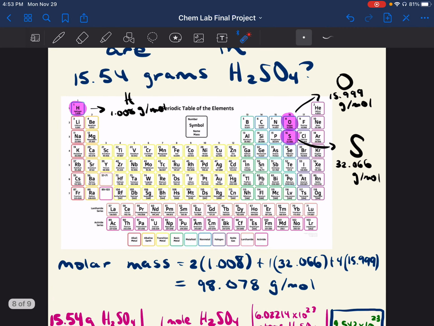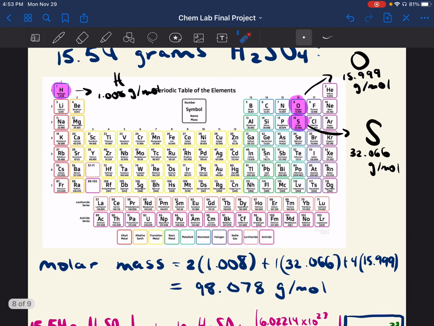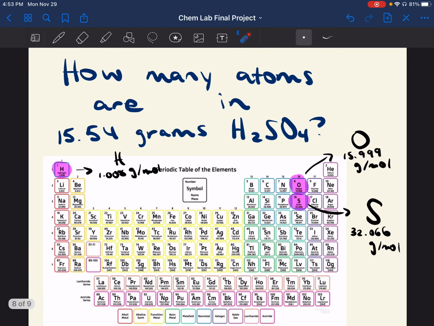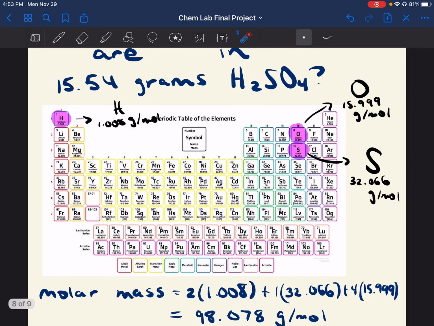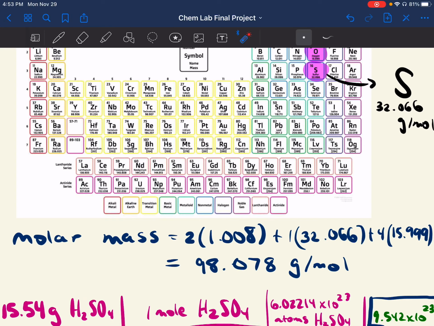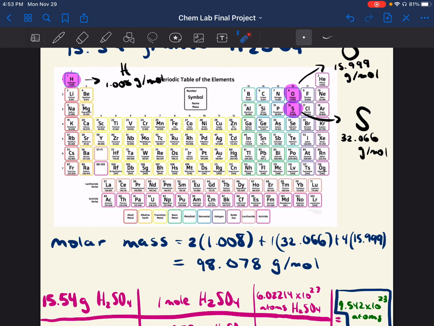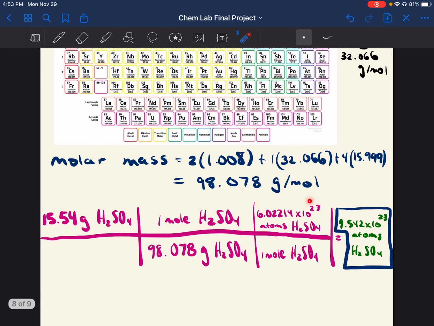All right, so looking at the periodic table, we'll start with the molar mass. 2 hydrogen atoms, 1 sulfur atom, 4 oxygen atoms. So we have the molar masses. I kind of just read them out here so you could see them. 2 times the hydrogen, 1 times the sulfur, 4 times the oxygen. And there you have your molar mass.